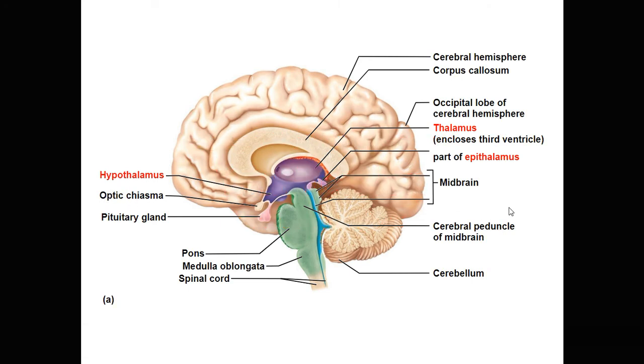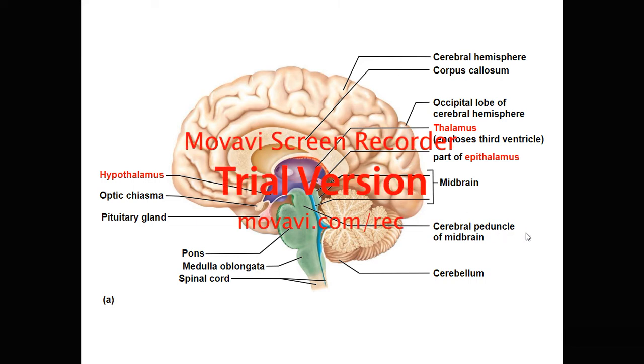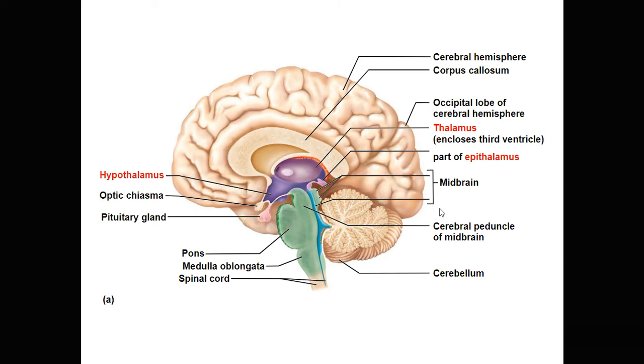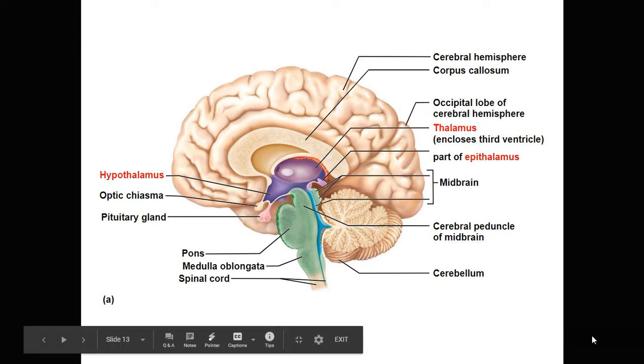If it's dealing with your hearing, that's going to go to your temporal lobe, and the vision is going to go to the occipital lobe. But if it's sensory information other than those two, it's going to go to the parietal lobes. So the thalamus is going to relay that information up to the area in the parietal cortex that it belongs.